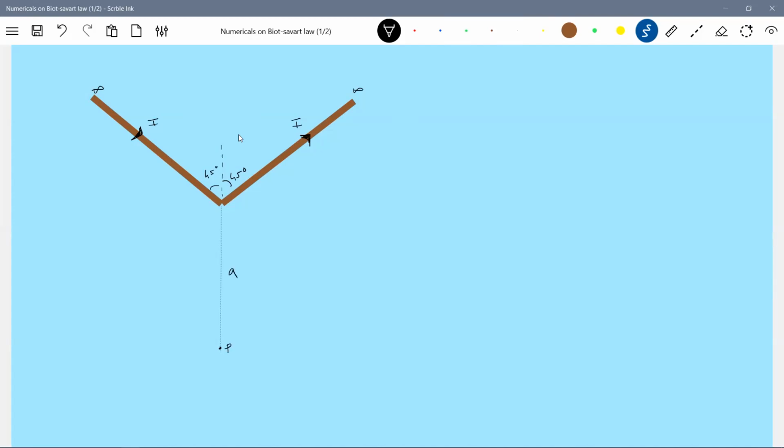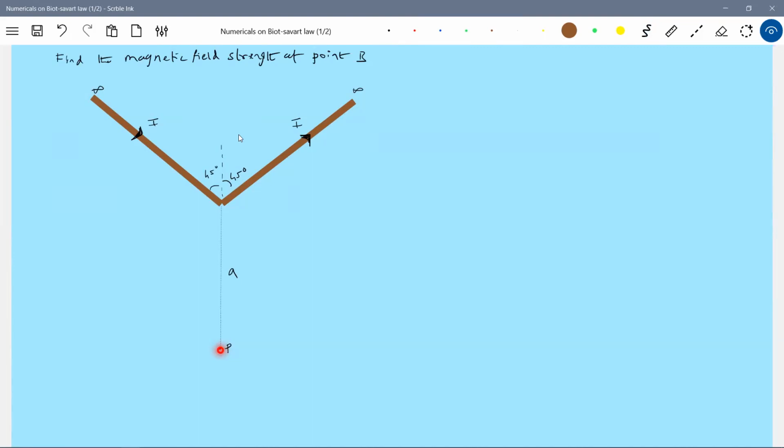Find the magnetic field strength at point P on the bisector of this long wire at a distance A from this bend. You have to calculate the field strength at this particular point. This is a very fundamental one.